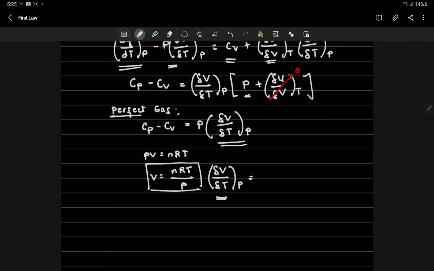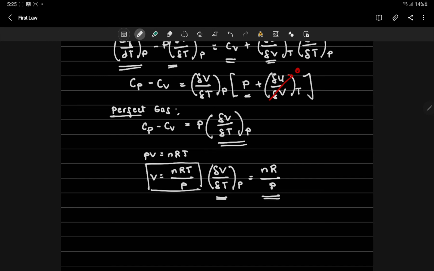So, paano yan? Derivative of volume with respect to temperature at constant pressure. n is constant, R is constant. Constant daw si pressure. So, anong matitira? Yung temperature, right? Kasi yan yung variable natin. Derivative of volume with respect to temperature at constant pressure will just be this expression. Okay?